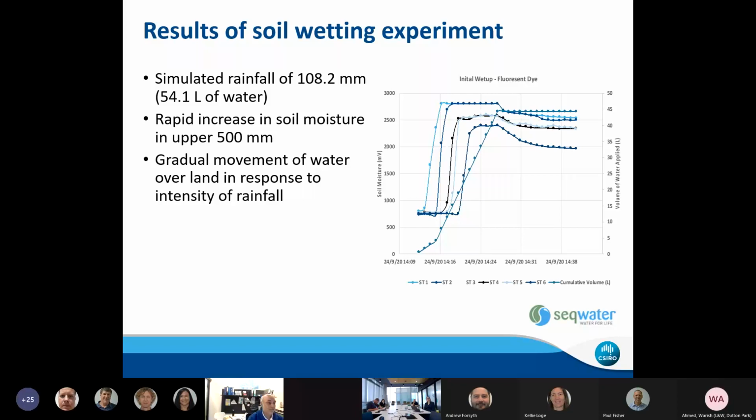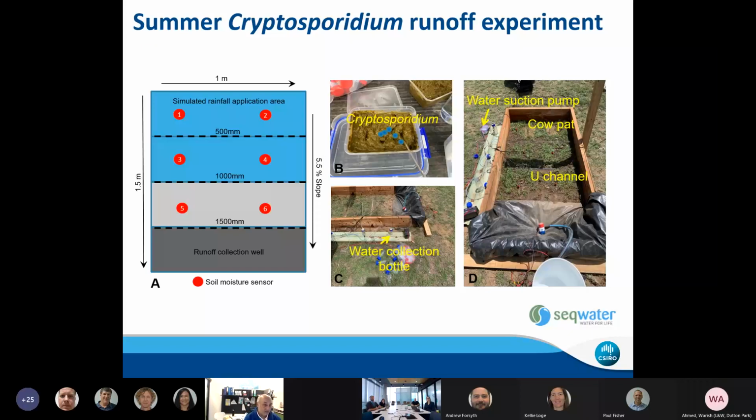Next slide, please. So the next round of experiment was by seeding Cryptosporidium into cow patties. With the cow pat we collected from Malini Dairy, we subdivided it into two components, 300 grams each, and seeded with Cryptosporidium up to 10 to the 6 per gram. After we had done that, we deposited them pretty close to where red dot 1 and red dot 2 is in the middle, to simulate presence of contaminated cow fecal material on the soil.